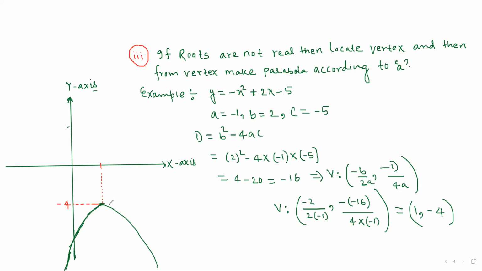Okay, this is the parabola. Now this is 0 comma c, that is 0 comma minus 5, and this is the vertex. Vertex will be 1 comma minus 4.